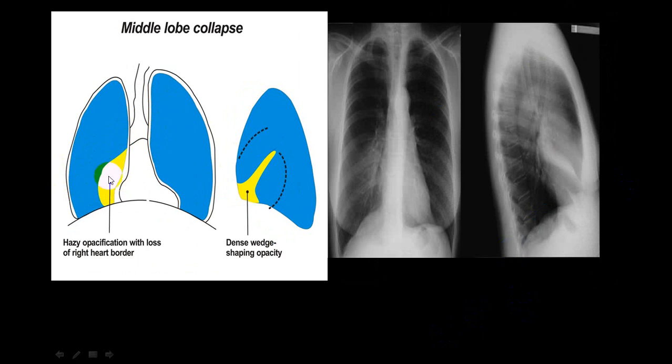So in a right middle lobe collapse, trachea may be shifted a little bit towards that side, diaphragm may be pulled up, hilum may be pulled, and you will see a dense shadow close to the right border of the heart. And in a lateral view, it will be seen over the heart. Can you see this? So this will be the collapsed part of the lung, close to the right border.